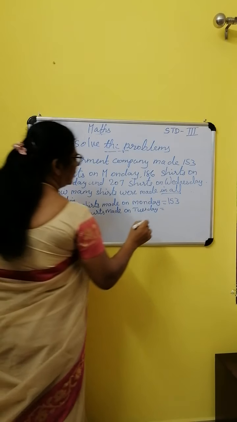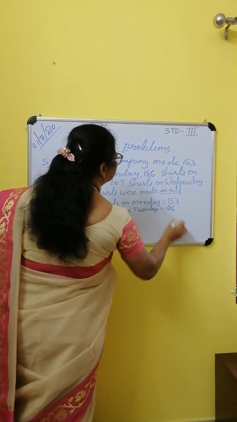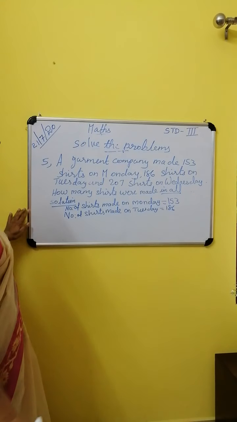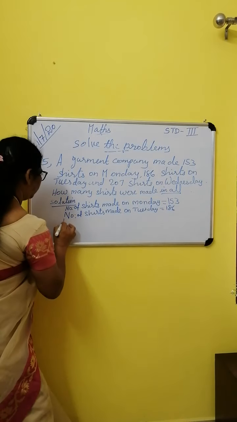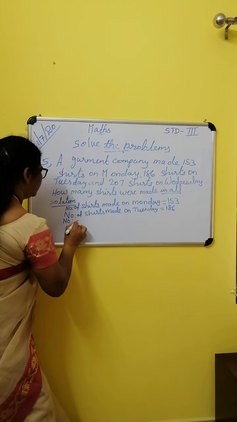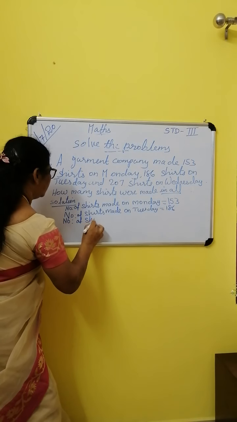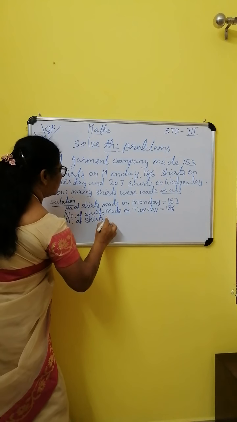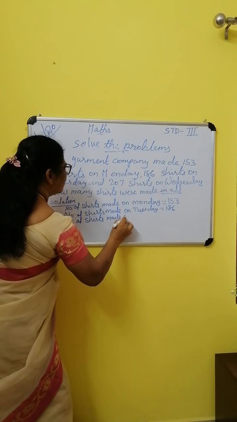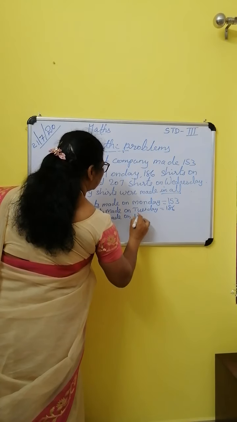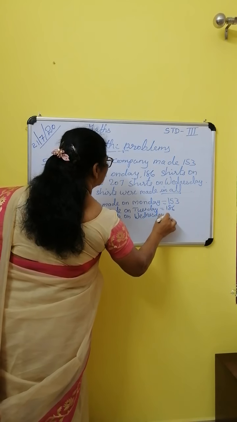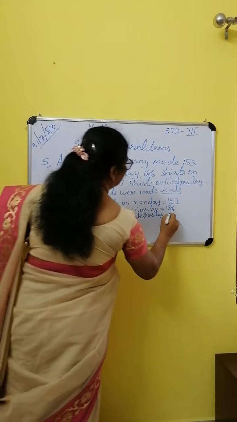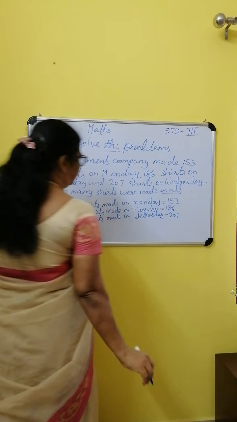186. Then number of shirts made on Wednesday equal 207.